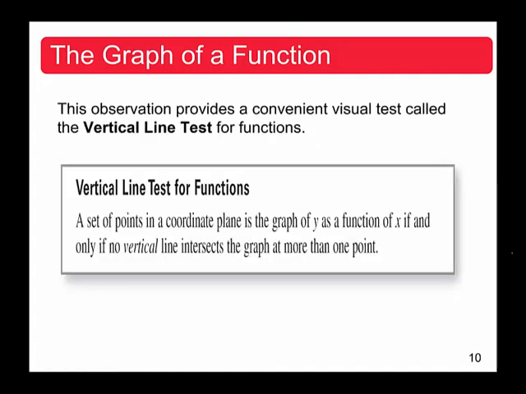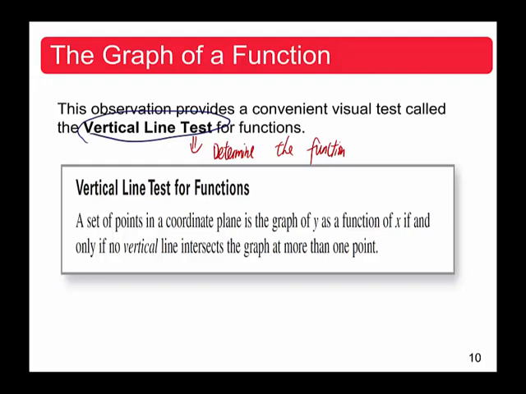Now let's take a look at the formal definition of the vertical line test. The vertical line test is used to determine whether a relation is a function or not. So we have a set of points in the coordinate plane.